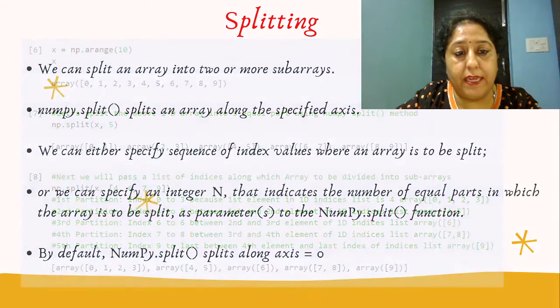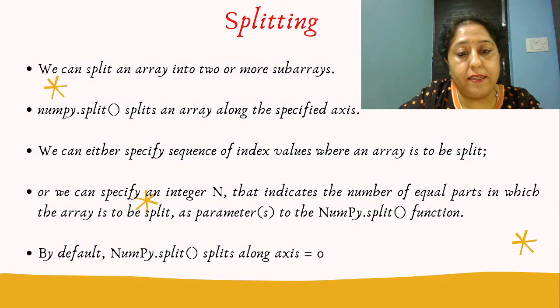Moving back to the slide, the second method says we can specify an integer n that indicates the number of equal parts in which the array is to be split. So here n in our example was equal to 5.